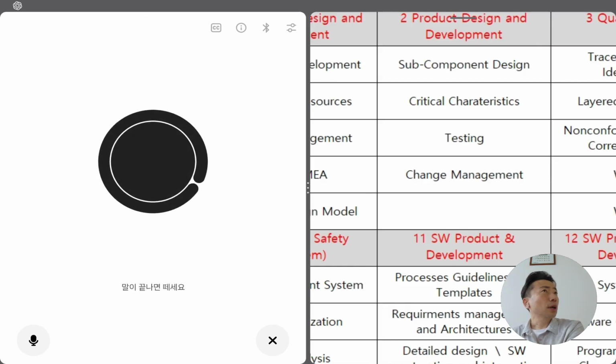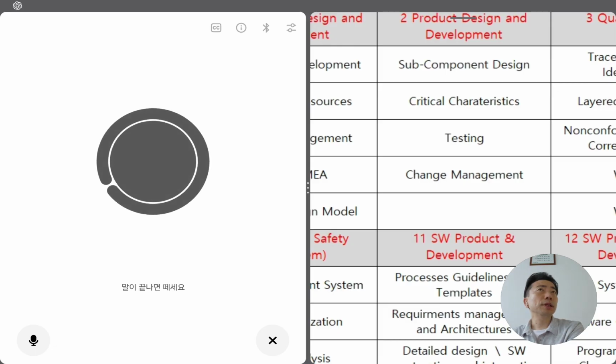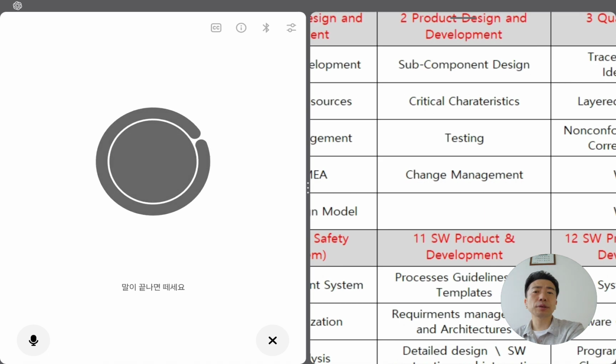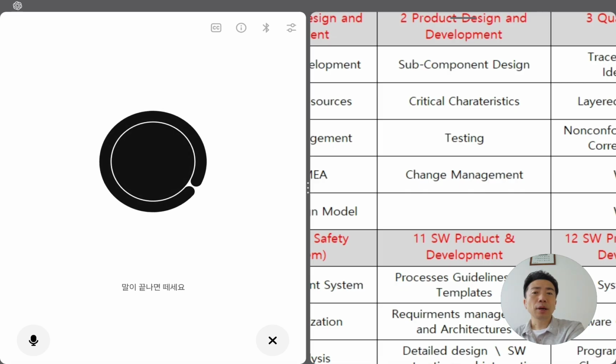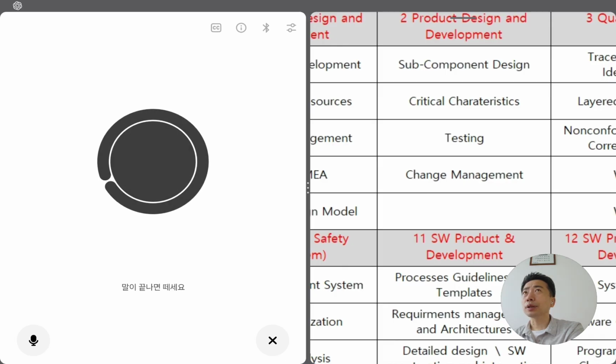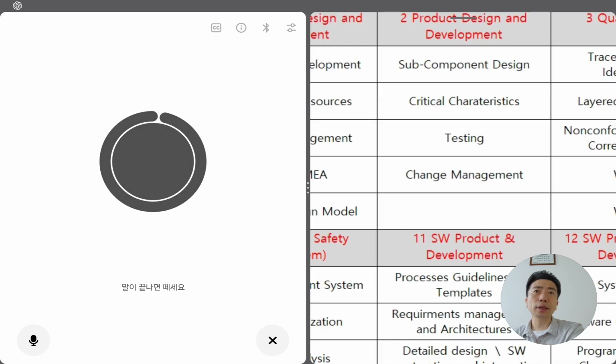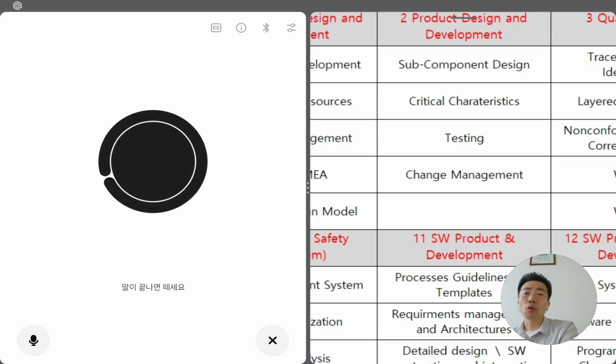Okay, I got it. I have something to tell you. Depending on the business type, how we design and produce, there are two main business types in our company, OEM type and EMS type.